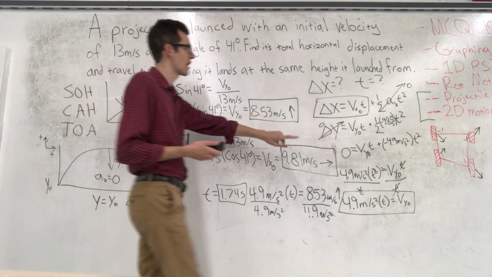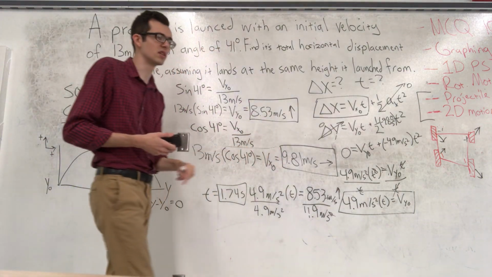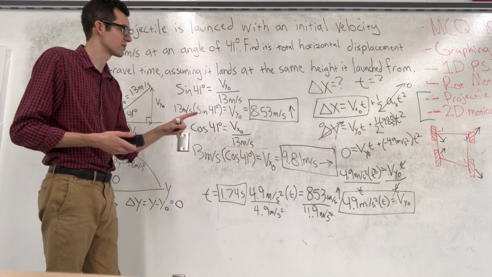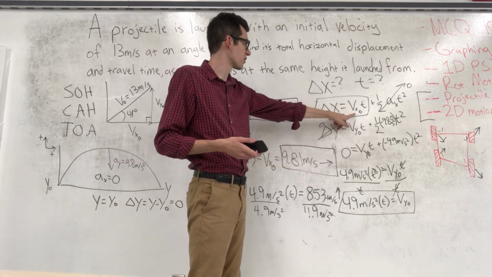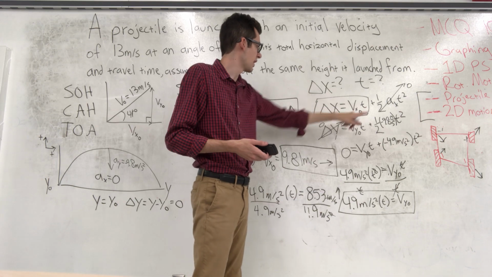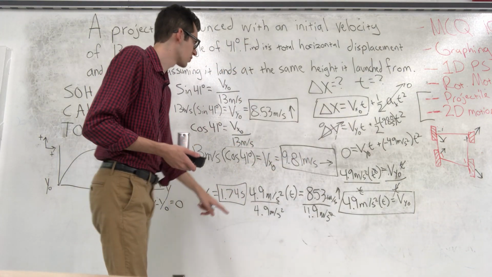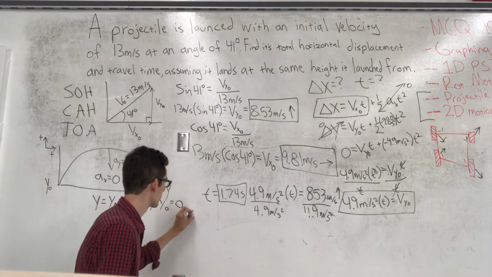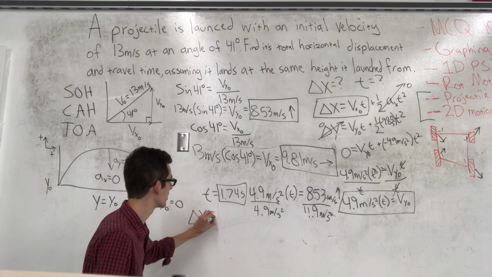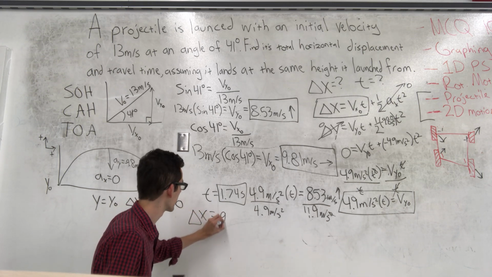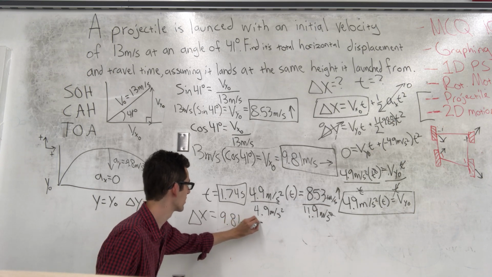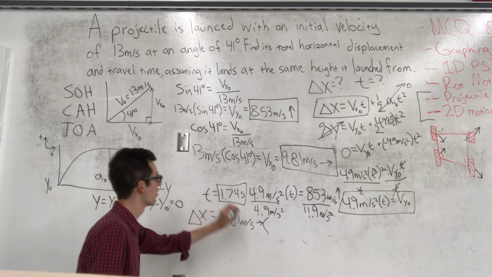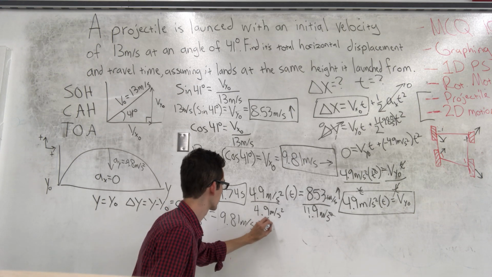That is fantastic. Now we can solve for the last thing that we need to know, which is delta x. So if we put in 9.81 for our Vx initial, and we put in our time of 1.74, let's see what our delta x will be. Delta x equals 9.81 meters per second to the right times 1.74 seconds.